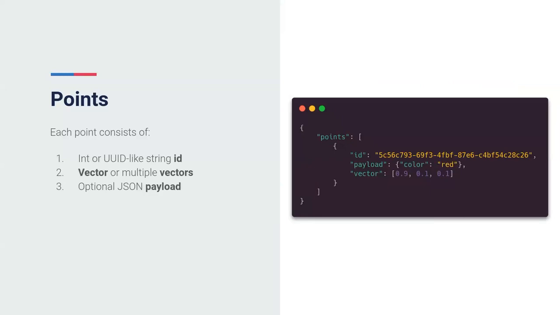So this is the most basic structure in Qdrant. I'm not sure how many of you are already familiar with vector databases, but they have different ideas of how to implement certain things. In our case, every single point in a collection consists of an ID, which is a UUID-like string or integer, an optional payload, which is an arbitrary JSON object, so you can put some nested structures if you prefer to, and a vector, which is the most important component, just because this is all about semantic search.